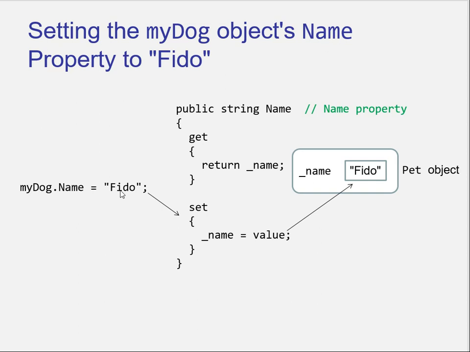When we do that, what we're doing essentially is taking Fido and putting it inside of this value here that gets put into the name backing field, and then that backing field gets the name and returns it to the property called Name right here. Hence what we end up getting is the name Fido entered in here as the name property of that instance of that dog.